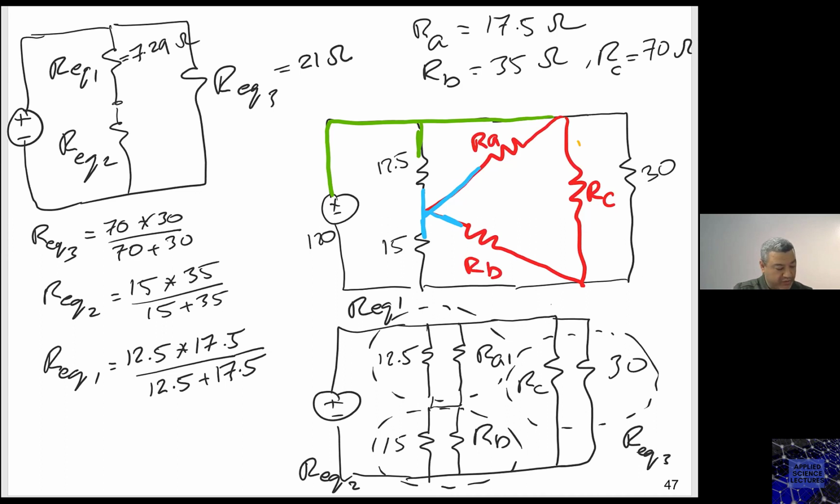R equivalent 2, 15 times 35 over 50, is 10.5. Then R equivalent total: 10.5 and 7.29 are in series.